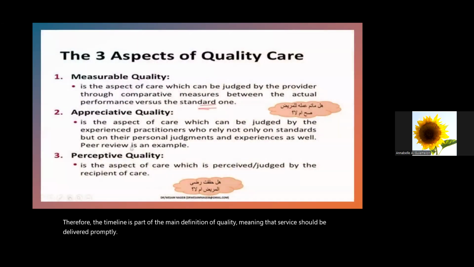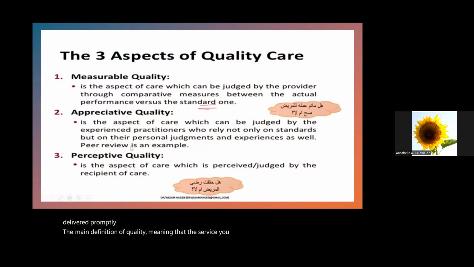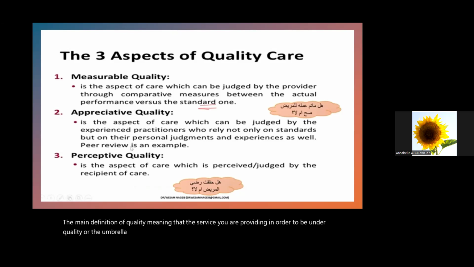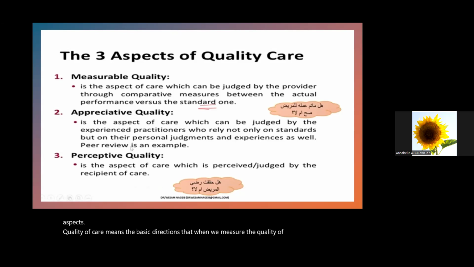The main definition of quality means that the service you are providing, in order to be under the umbrella of quality, must comply with the key dimensions of quality. Quality of care means the basic directions that, when we measure the quality of medical service, we look at.